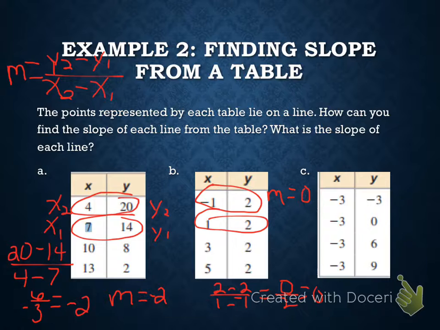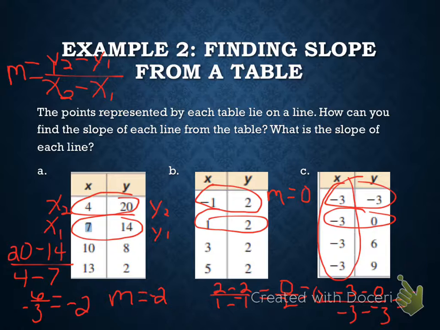And on our third table, you can notice that there is no change in the x values. All the x values are the same. So let's just pick the first two again. You're going to have negative 3 minus 0 over negative 3 minus negative 3.